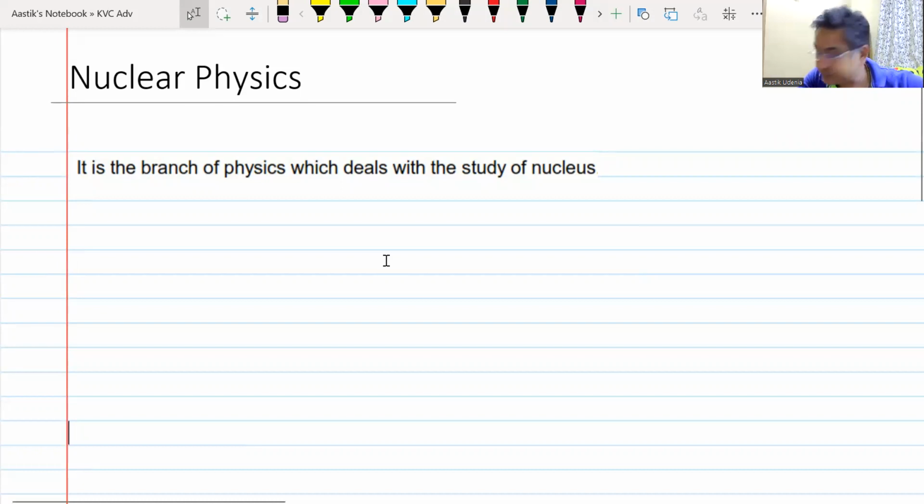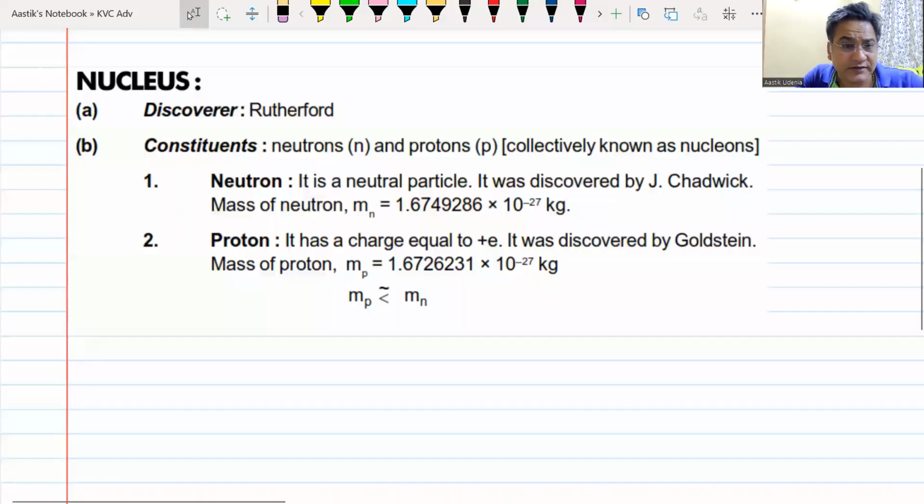Anyone remembers the nucleus in the experiment carried out by Rutherford? Yes, the Rutherford scattering experiment. He found out that most of the mass of the atom is concentrated in a very small space at the center, and he called that space the nucleus. Yes or no? Yes, sir.